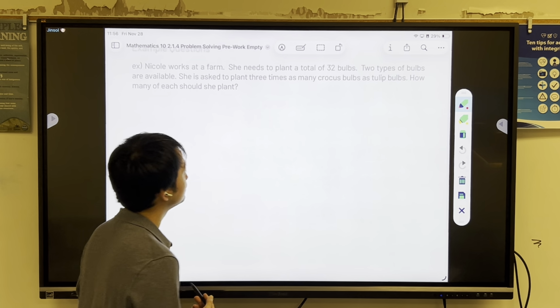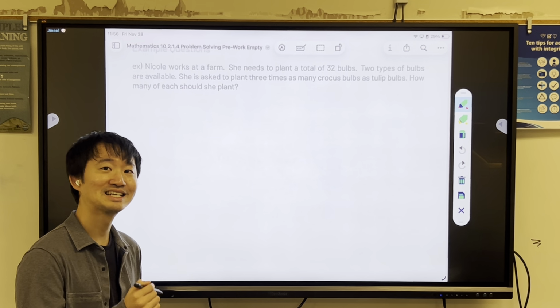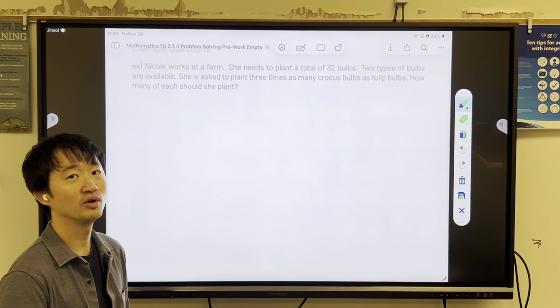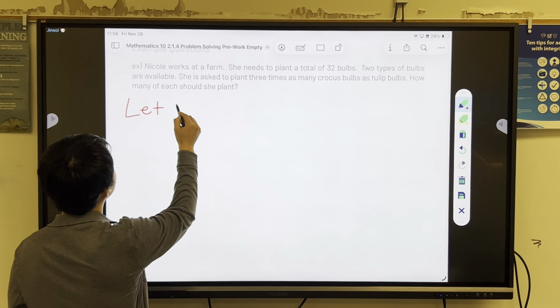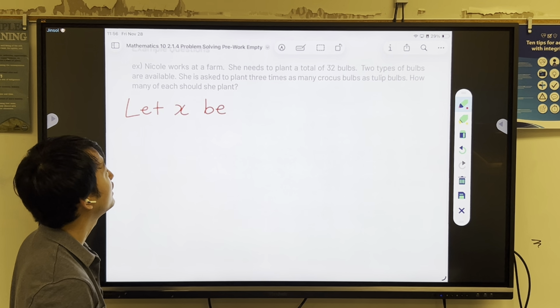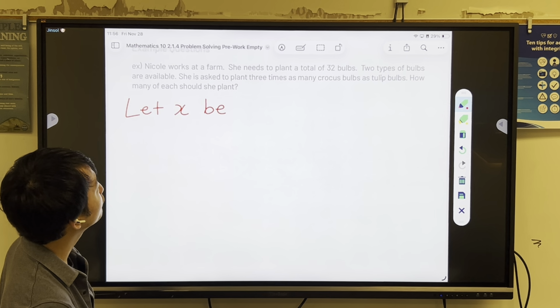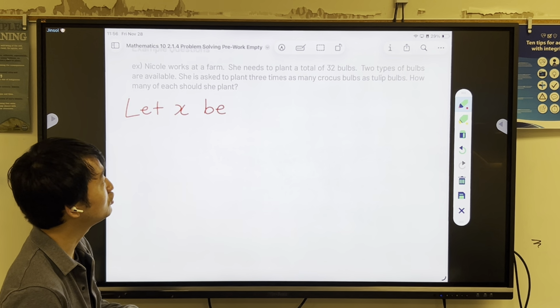The first thing that I'm going to do is write down the unknown values and declare them. And when I declare them, I'm going to make sure that I use the "let x be" statements. The unknown values in this case are the number of crocus bulbs and the number of tulip bulbs.